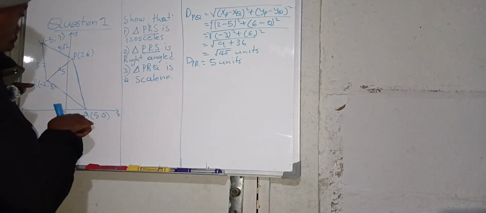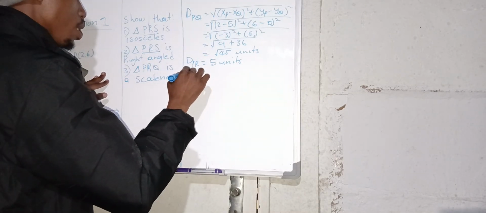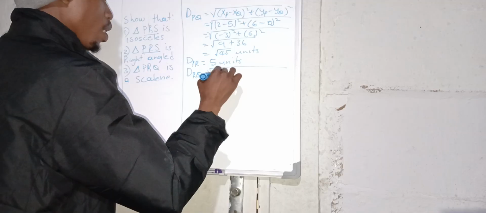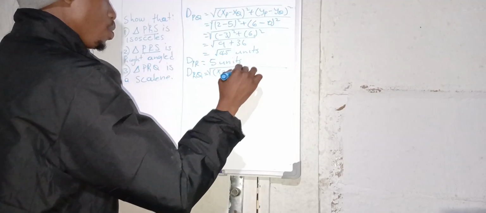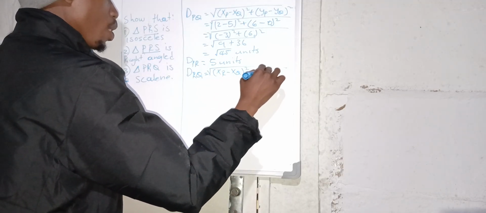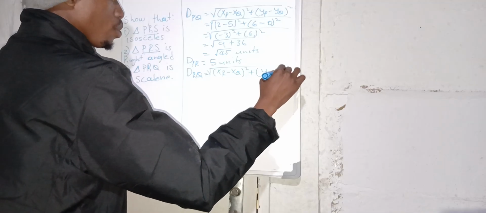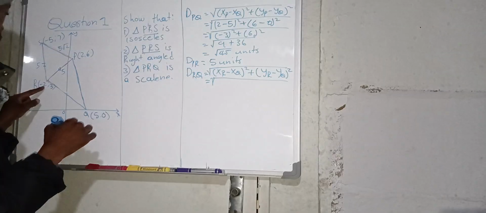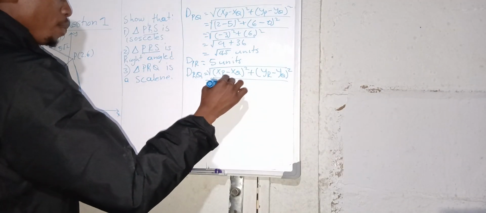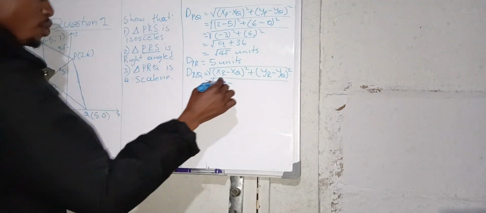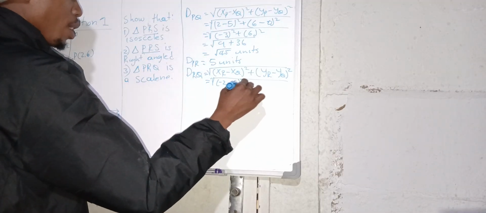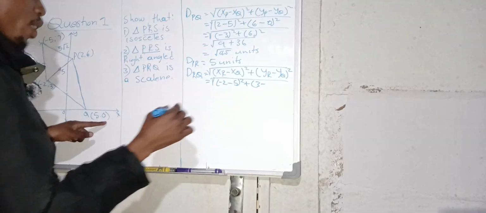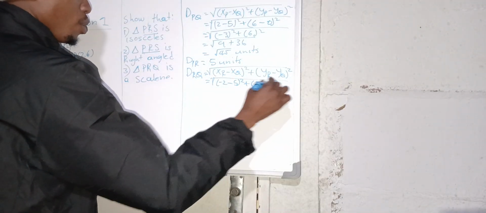So let's find the distance of RQ. Distance RQ is going to be XR minus XQ all squared plus YR minus YQ all squared. XR is negative 2 minus XQ, which is 5, all squared, plus YR is 3 and YQ is 0, squared.